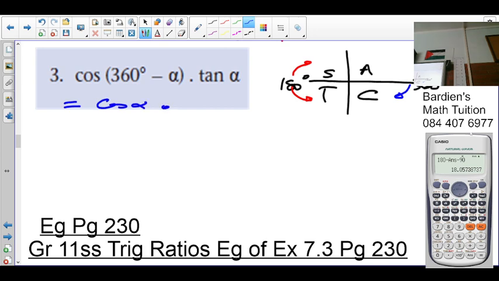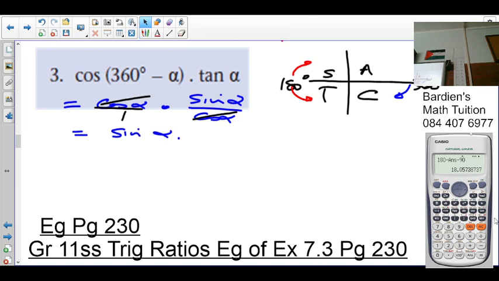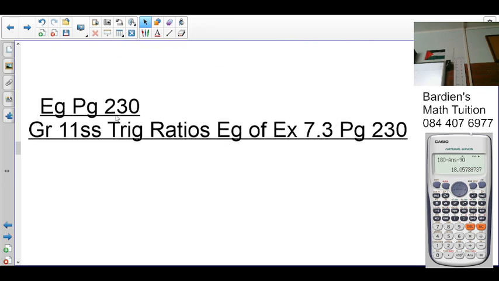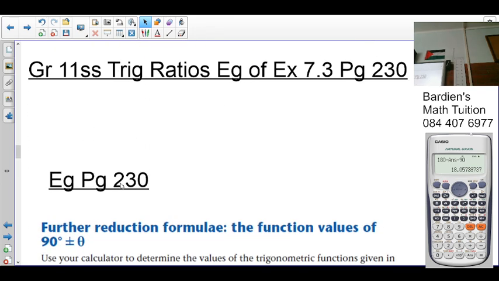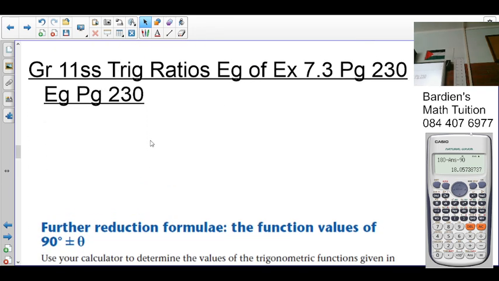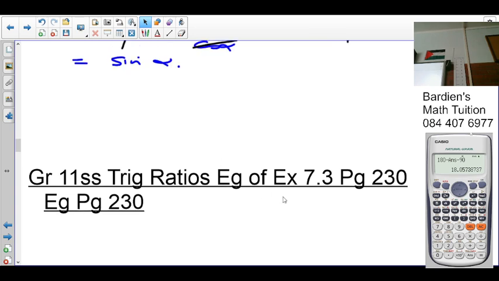Now, tan can be written as sin alpha over cos alpha. But remember, this cos alpha is over 1. So that cancels and it will give me an answer. That basically brings us to the end of the examples for exercise 7.3.